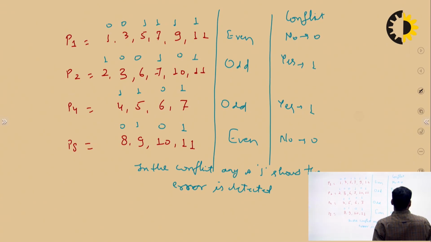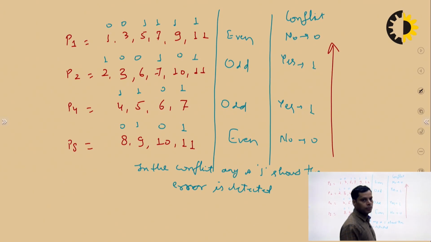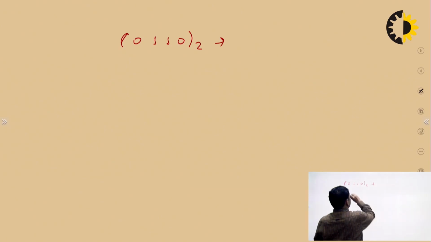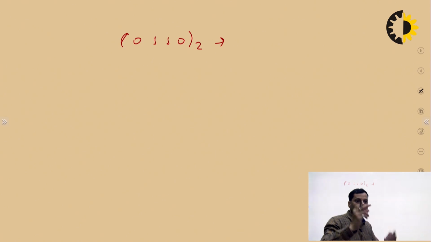Simply, from bottom to top, you write the numbers. From bottom to top we write the number here: 0, 1, 1, 0, which is binary. This will show at which particular position the error is detected.